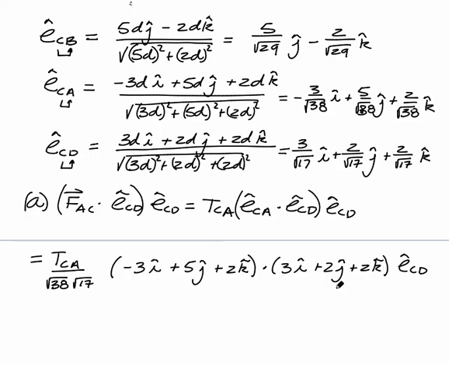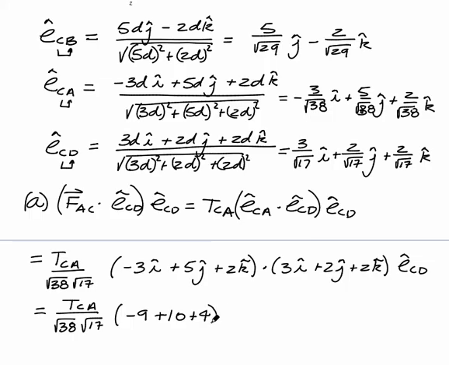So I'm going to end up with TCA over the square root of 38 times the square root of 17. That's minus 9 plus 10 plus 4.